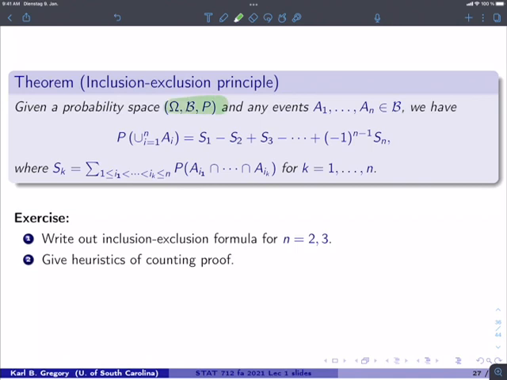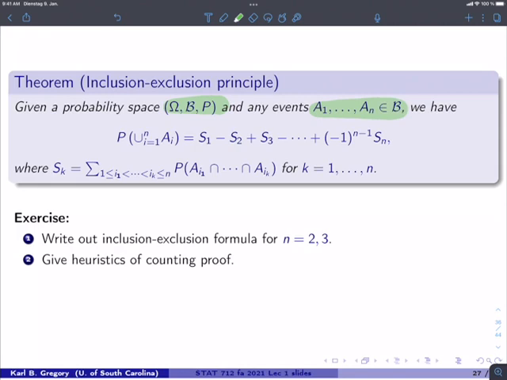So given a probability space and some events in the sigma algebra, if I want to compute the union of A1 through An, I'm not assuming they're disjoint. This is for any sets. They can overlap in any kind of way. I have this kind of crazy formula for it that always holds.